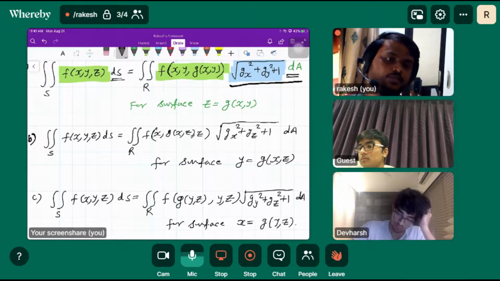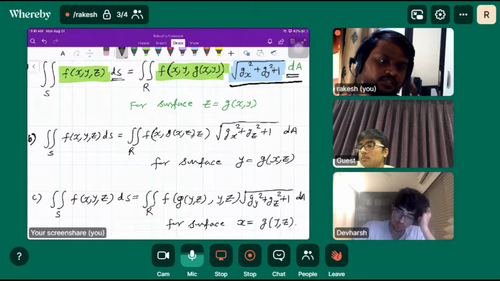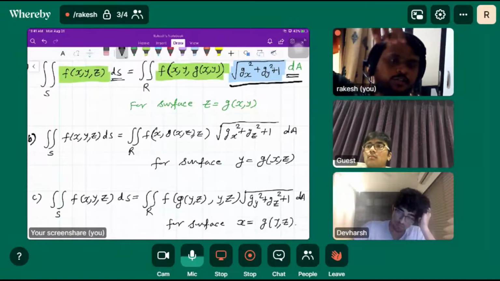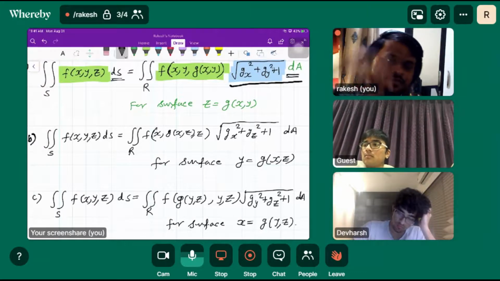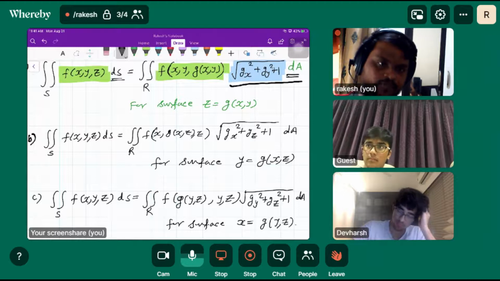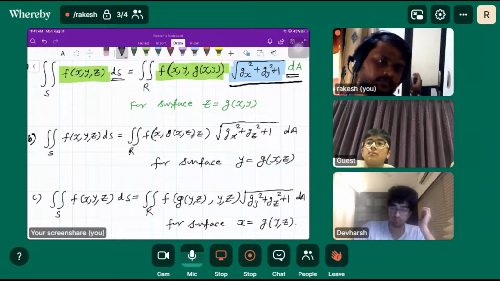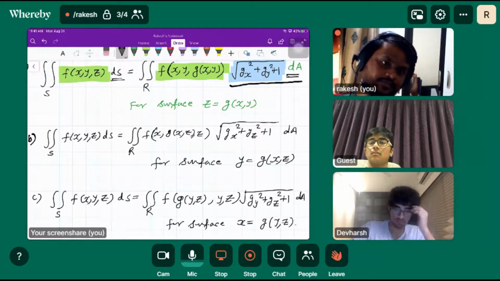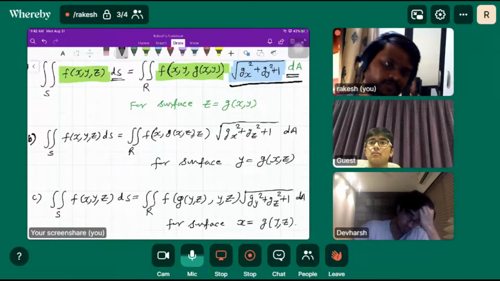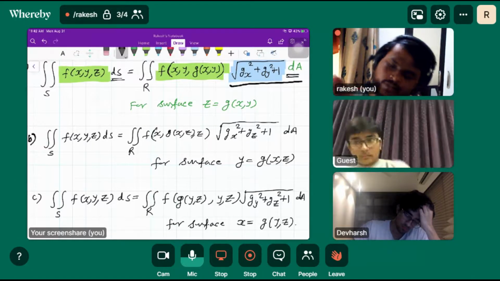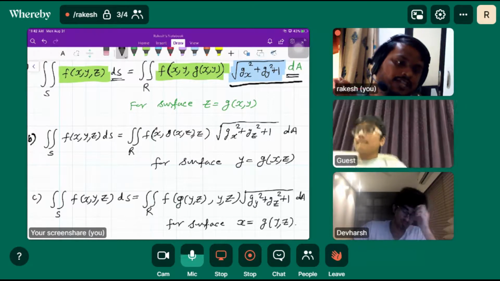So see, these are the projections. If you look at the projection of the surface from the top of the z axis, that projection will be on the xy plane. If you look at the surface from the extreme right of the x axis, you will see the projection of that on the yz plane.